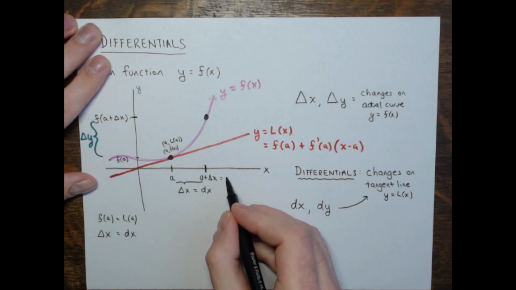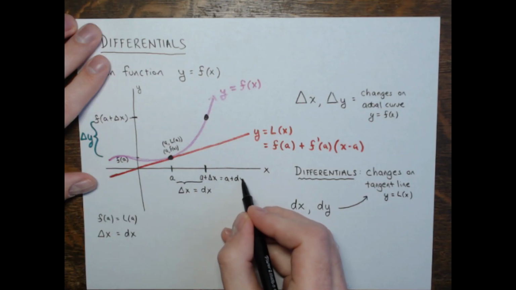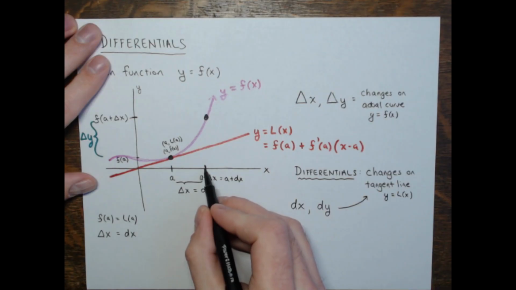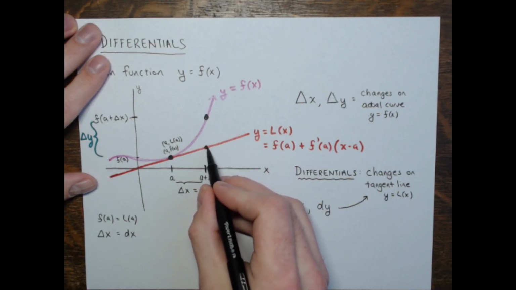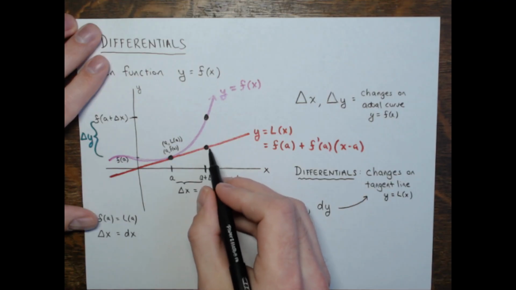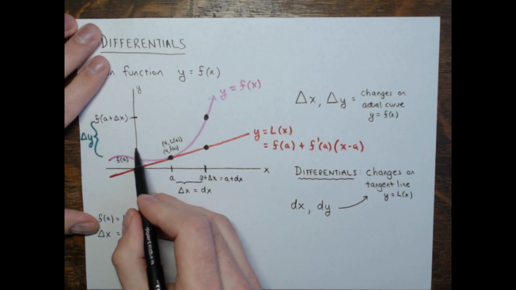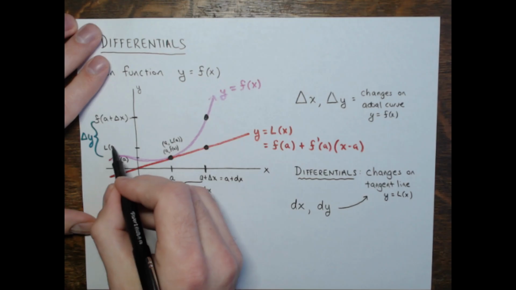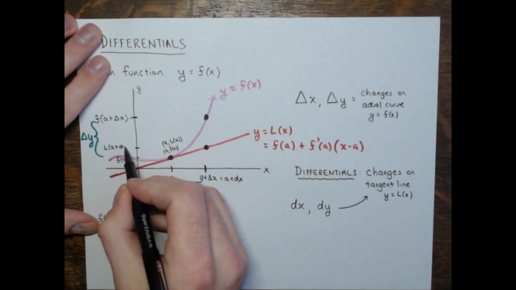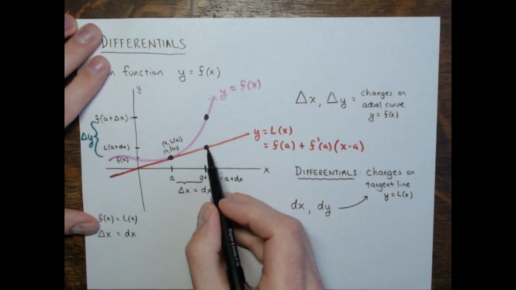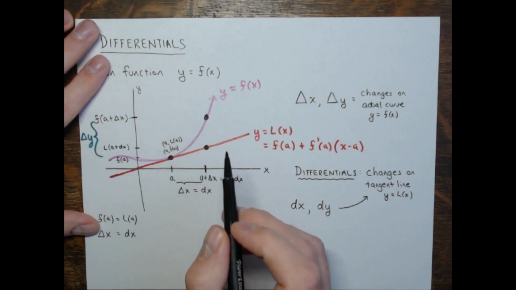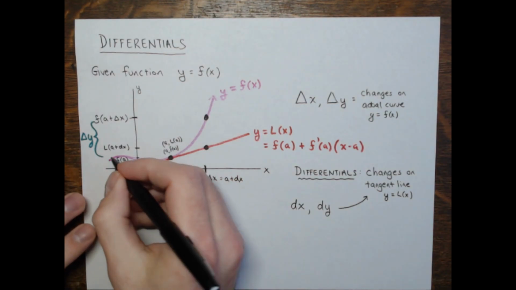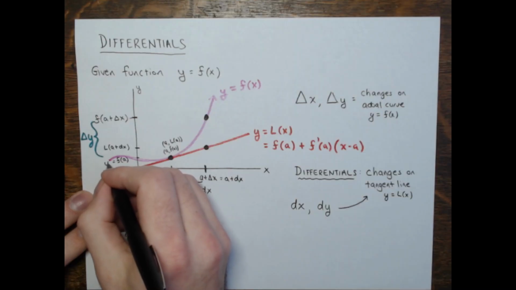So I go to this a plus dx value, a plus delta x, a plus dx. Plug that in to the tangent line function. So again, here's the value of the tangent line at a plus dx, or a plus delta x. And then the distance between those, how much the output changed there.